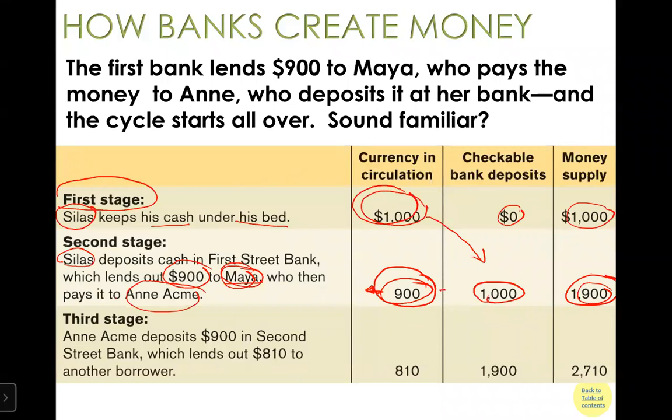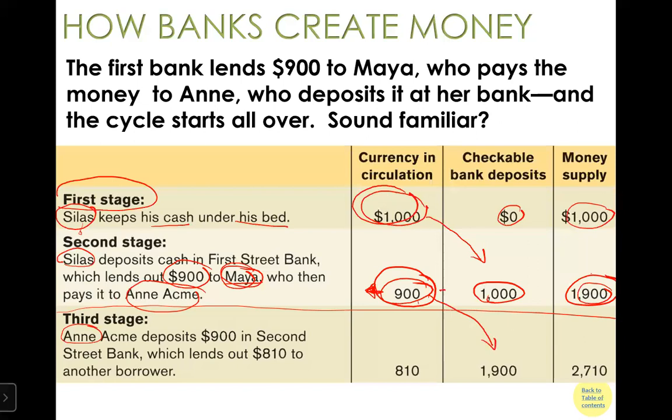But then think about what Anne is going to do. If she keeps this $900 as cash, then we are going to stop here, right? But certainly, Anne also lives in the 21st century, and she is going to do the same thing as Silas did, meaning she is going to put $900 in the bank.